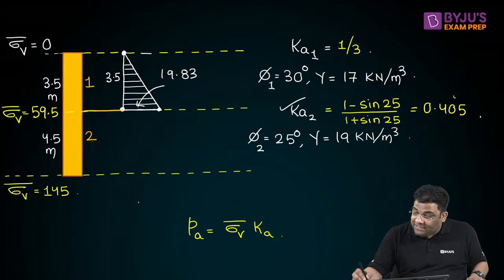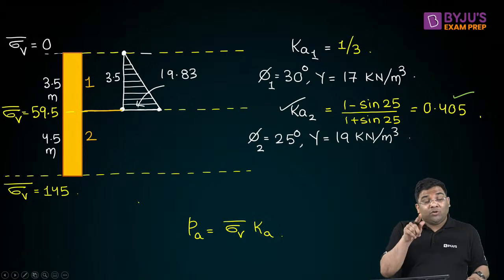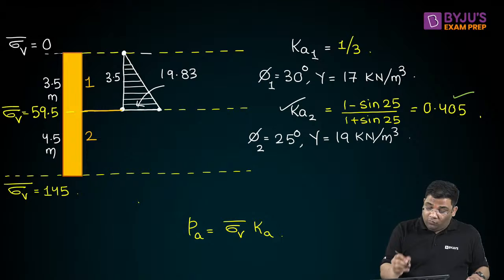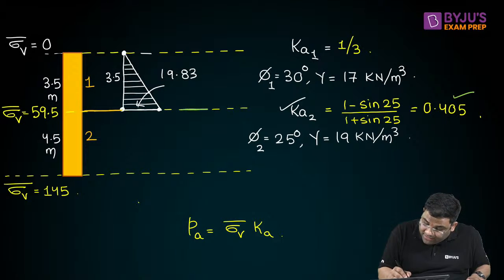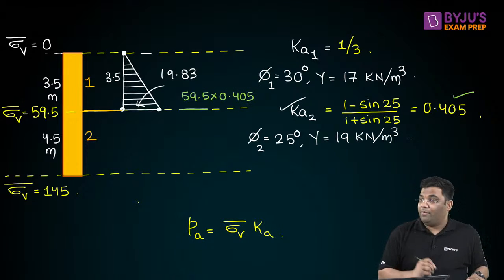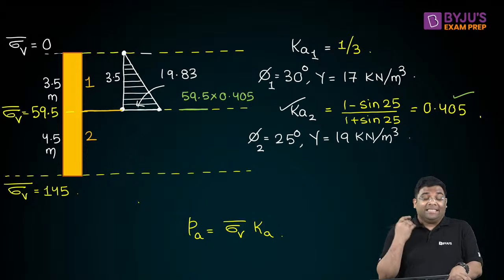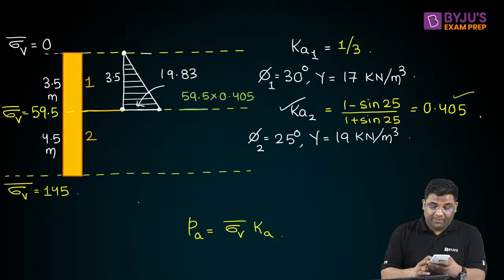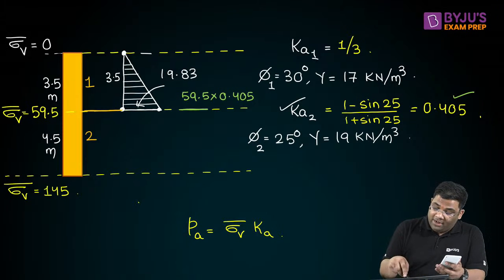And the Ka is 0.405 because we are seeing the second layer. So what will be the earth pressure here? It will be 59.5 into 0.405, giving me a value of roughly 24.1.